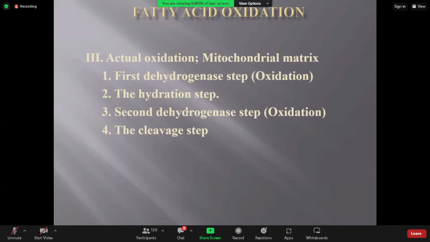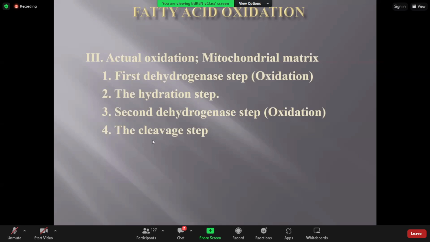The hydration step is a very important step, and in this step, as it is a hydration step, you can imagine one molecule of water will be attached to the chain of the fatty acyl coenzyme A. Then in the second dehydrogenation step, here also one or two hydrogen will be released from the hydrated chain of the fatty acyl coenzyme A, and as the chain loses hydrogen, it is an oxidation process.